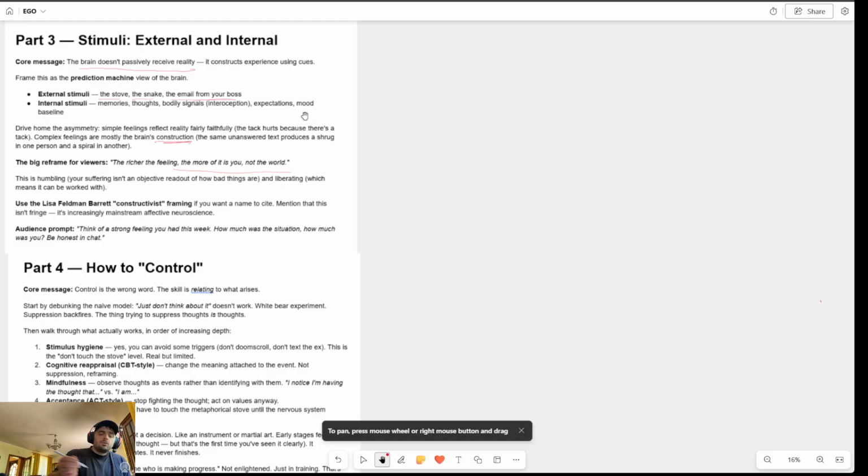So if we are talking about primates and our social emotions, the complexity is in the following way. So you've got your brain.